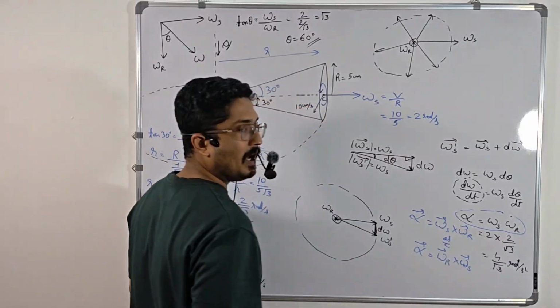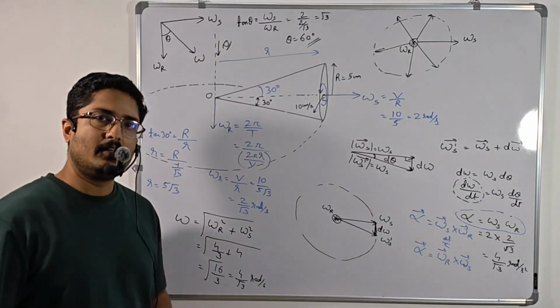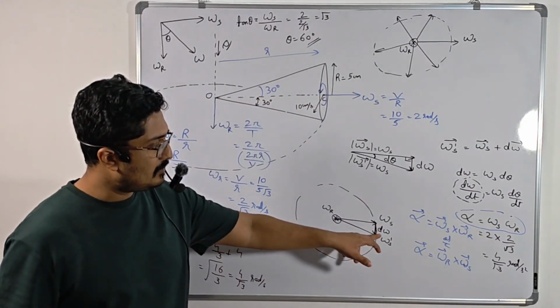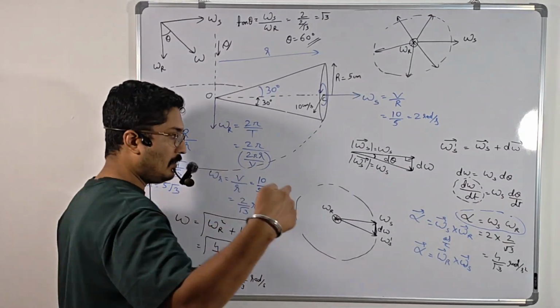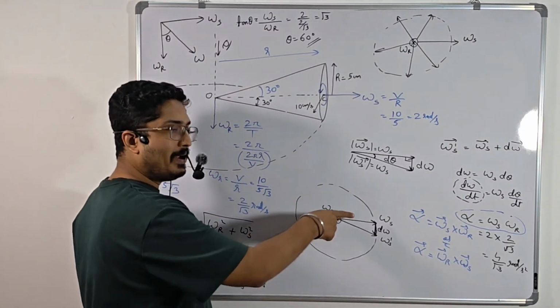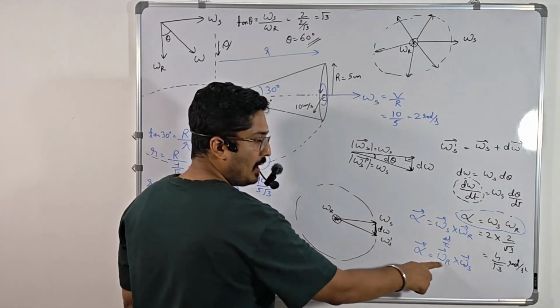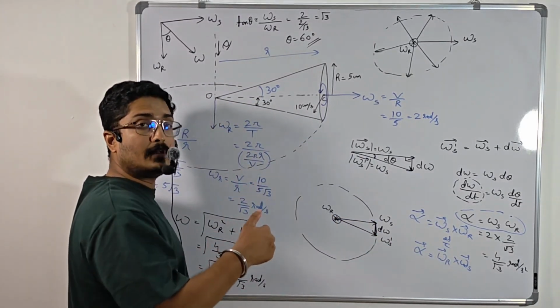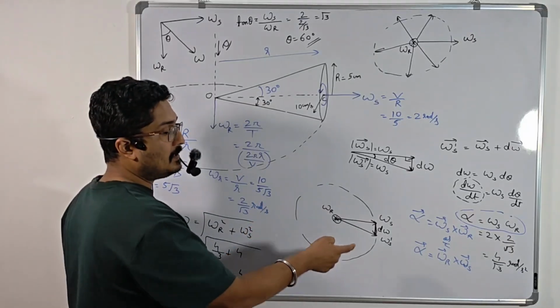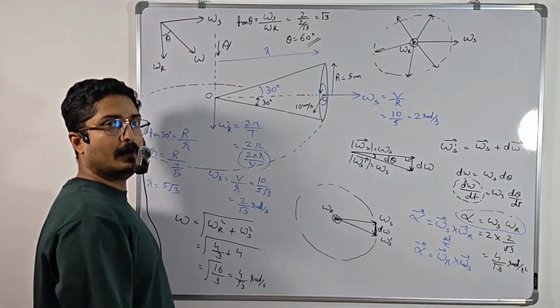Which one it is, we have to find out. Pretty easy to find out. Which direction is the d omega? See, this direction. Which direction is the omega r vector? Inwards. Which direction is omega s vector? This direction. So I have omega r and omega s direction. I have to cross it in such a way that my resultant should be coming in the d omega direction.